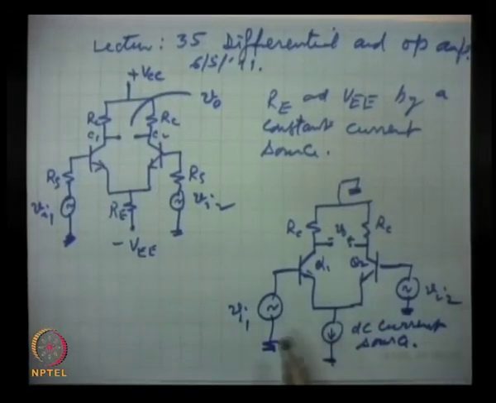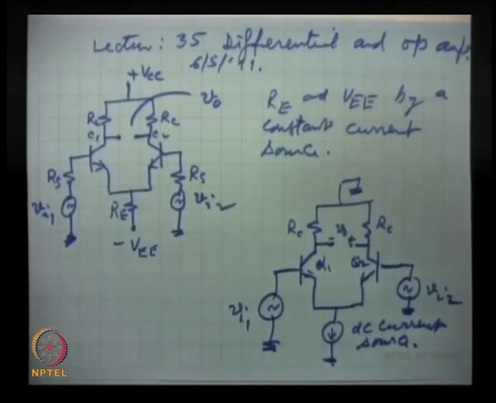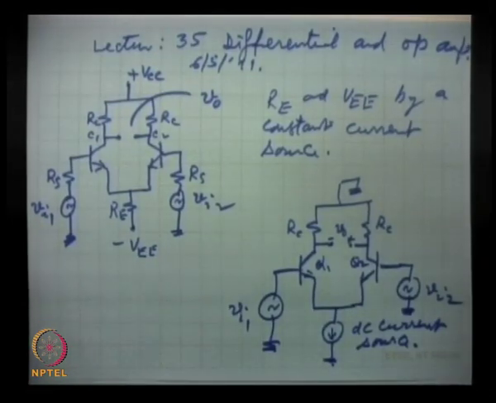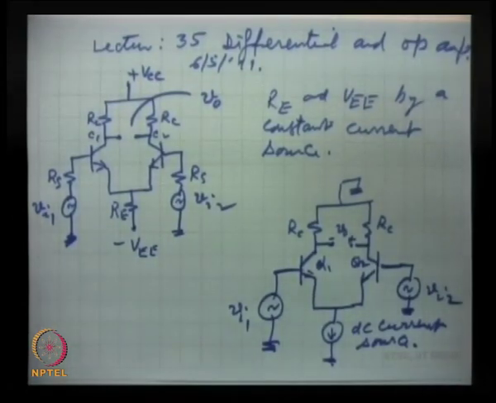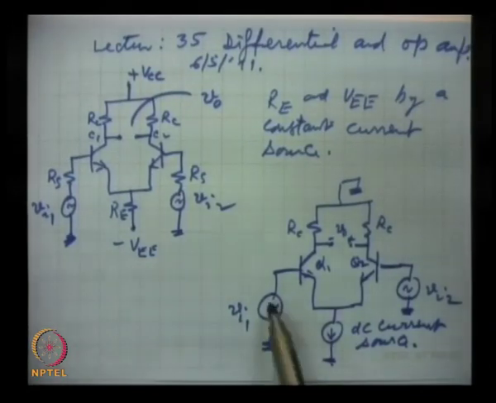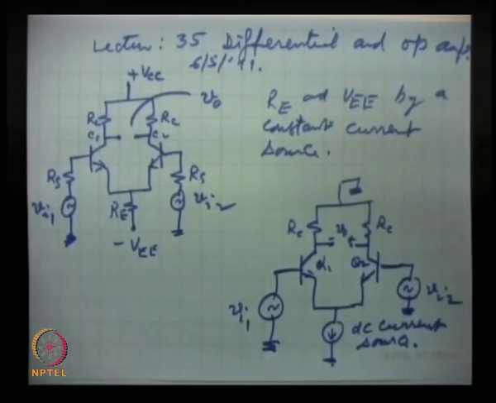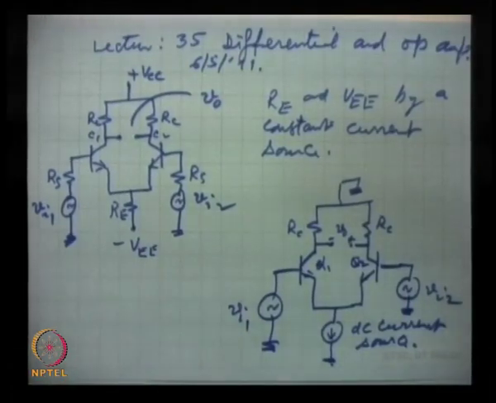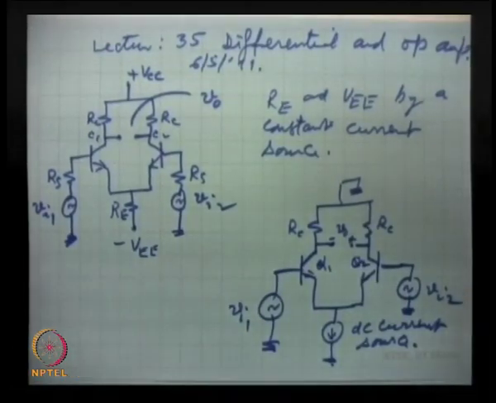From this analysis, one very important point is going to come out, and that is that these two inputs of the differential amplifier are different in one way, and that distinguishes them.